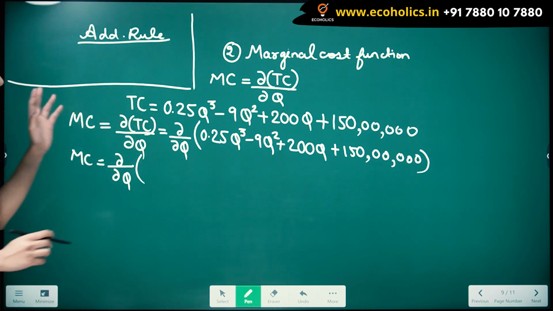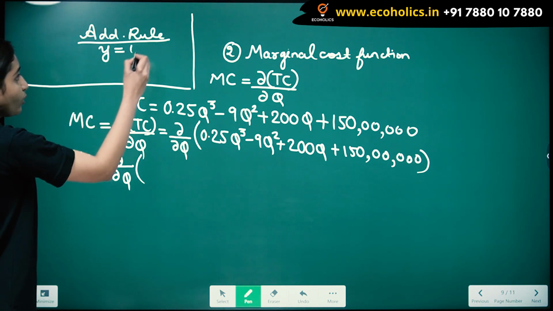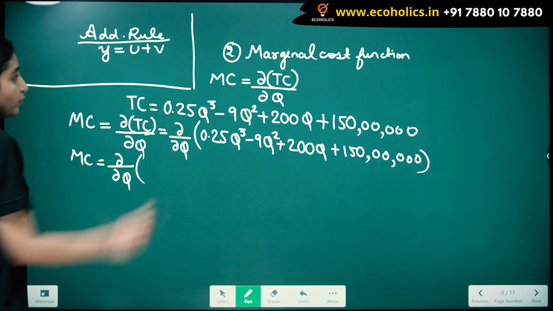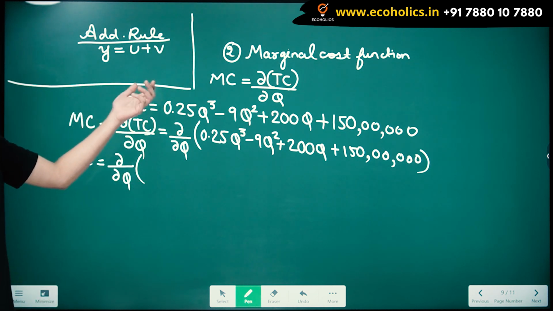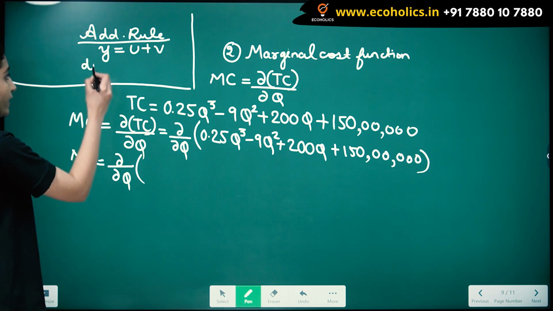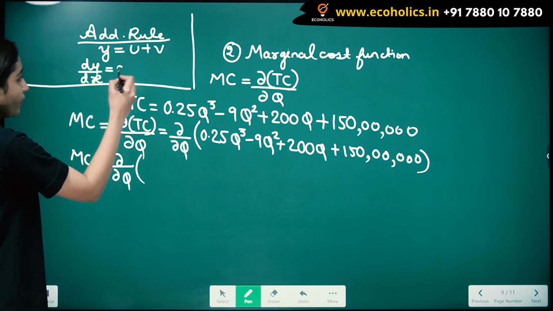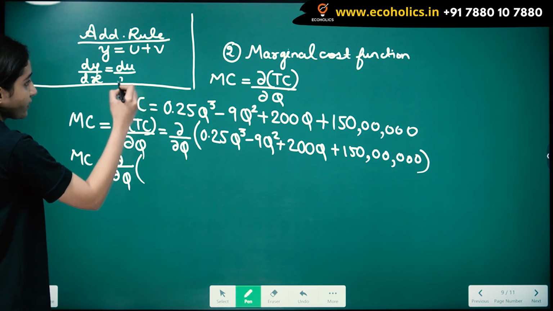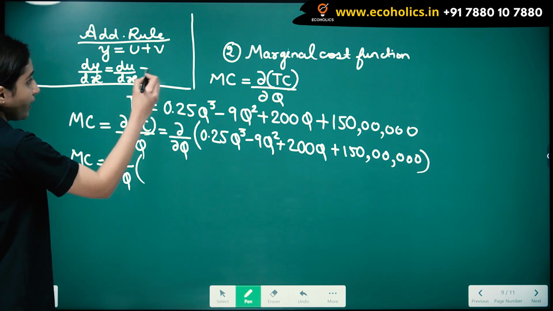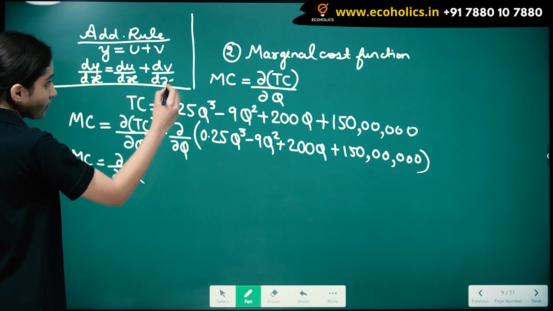The addition rule says that when y is equal to u plus v, where u and v are differentiable functions of x, then dy by dx is du by dx plus dv by dx.